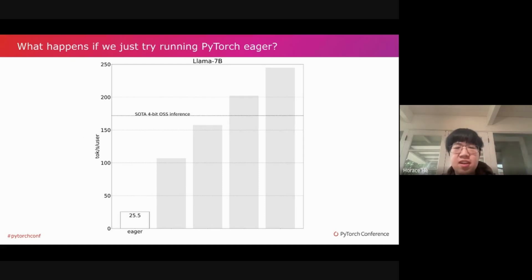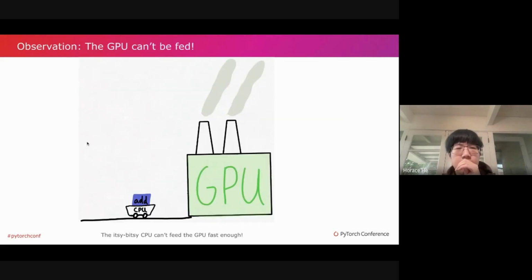But basically, with regular PyTorch, user latency is very bad. And so the question is, why are we so much worse than state-of-the-art inference performance here? The first observation is that the GPU just cannot be fed fast enough.